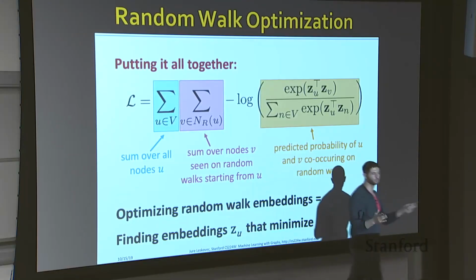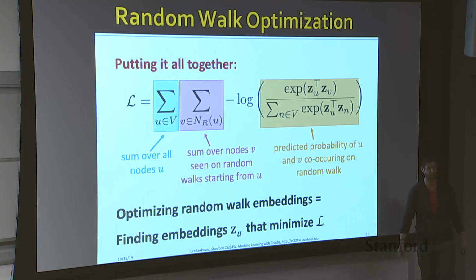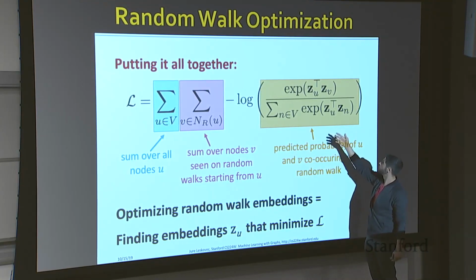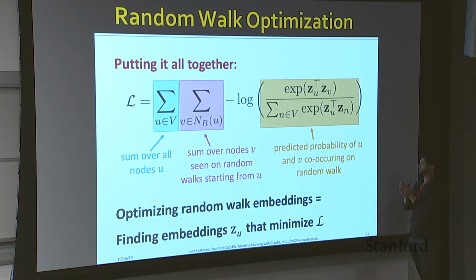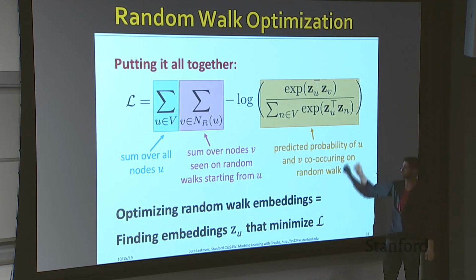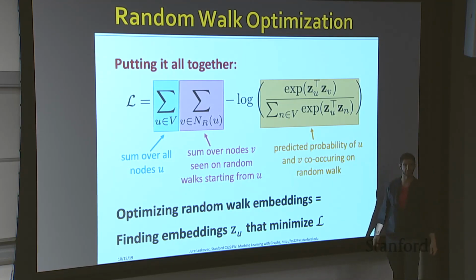You can turn that into a maximization problem if you would like. Yes. But again, the idea is exactly what you said. We're trying to find the embeddings such that similar nodes are close to each other, and similar in our case means nodes co-occurring in the same random walk. Okay, so this loss function is capturing exactly that.